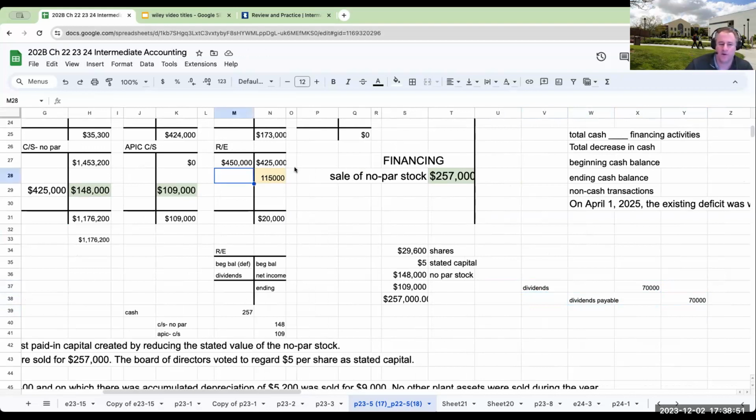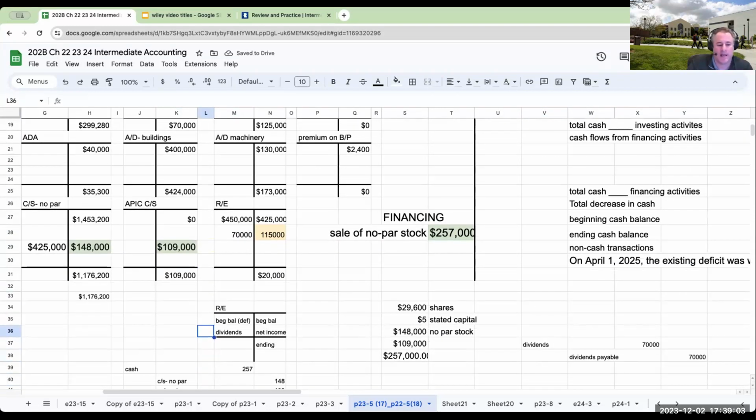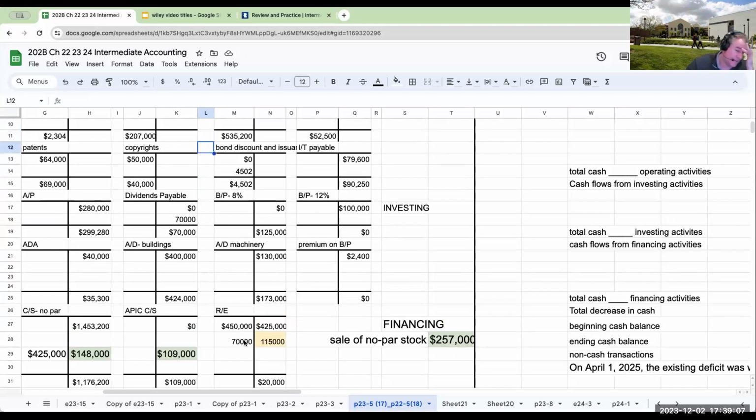So over here, I would debit retained earnings for the amount of the dividend, but I also need to credit dividends payable. Now, what you notice over here is that there was no cash in this transaction. Generally, every time I'm putting something in here, I have to find a way to balance this out. So I'm crediting dividends payable for the 70, debiting retained earnings.